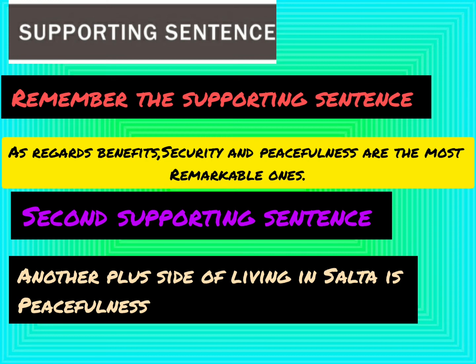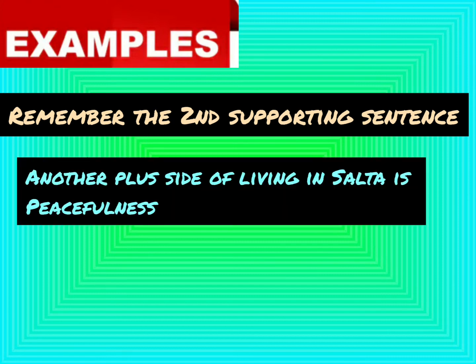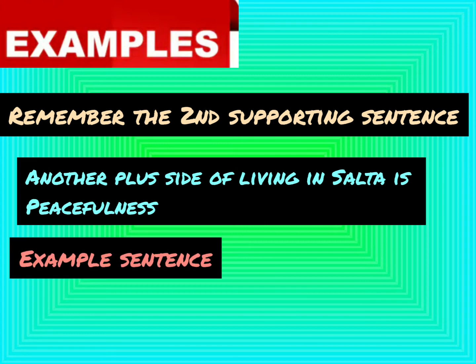But please take this into account. The examples. Remember the second supporting sentence: another plus side of living in Salta is peacefulness. So, how do we continue the paragraph? Giving an example of peacefulness, because that is the theme of these sentences. We have to concentrate on giving that example.